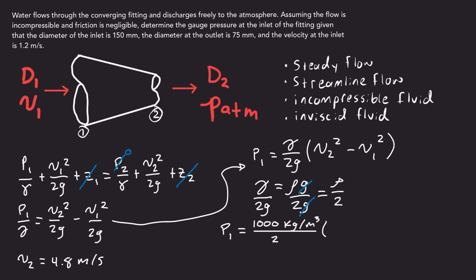V2 is 4.8 meters per second squared minus 1.2 meters per second squared.